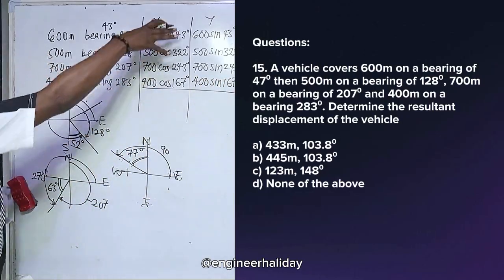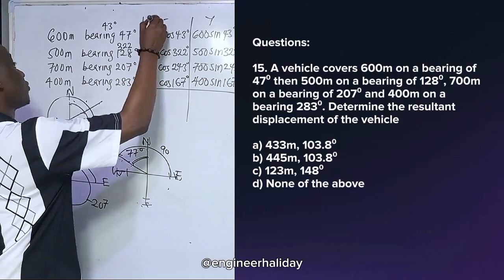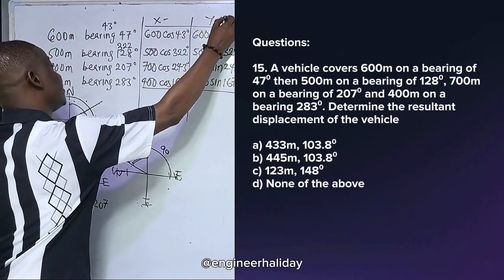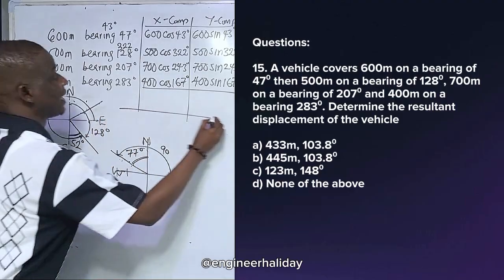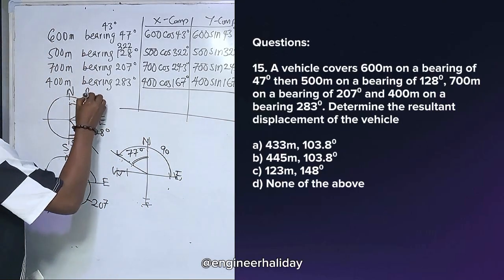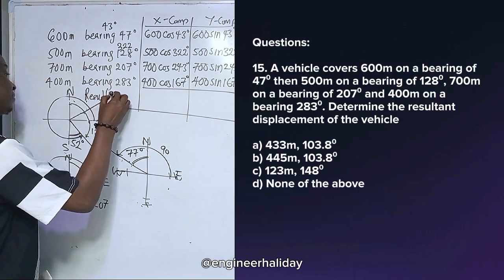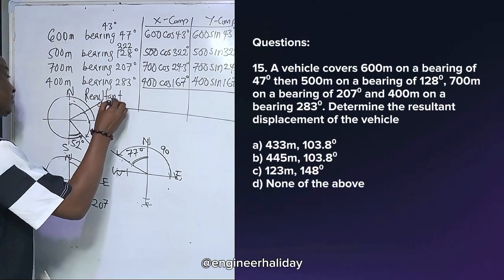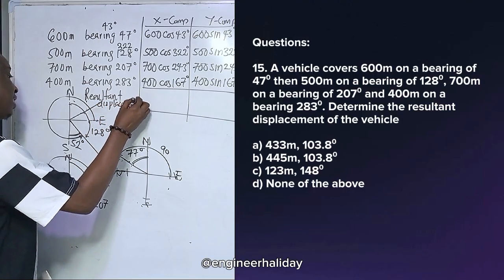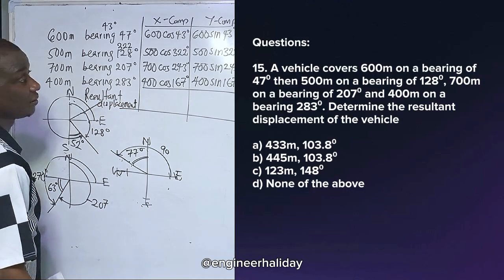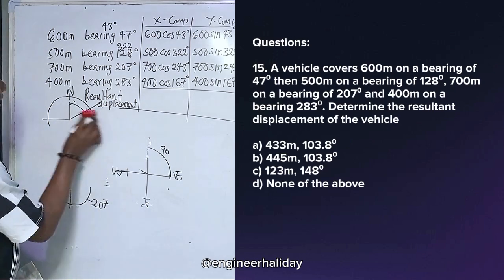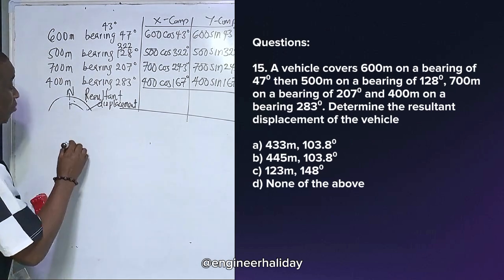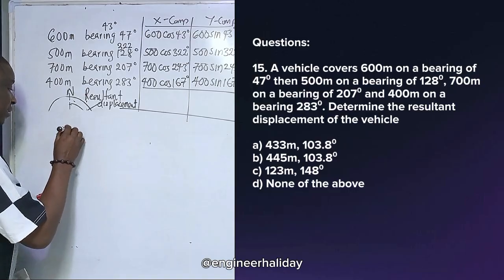So what I want to do is add this together, x components and y components, add them together. What do you have? To get our resultant displacement. How do we get our resultant displacement? Add everything together so that we can get our displacement.